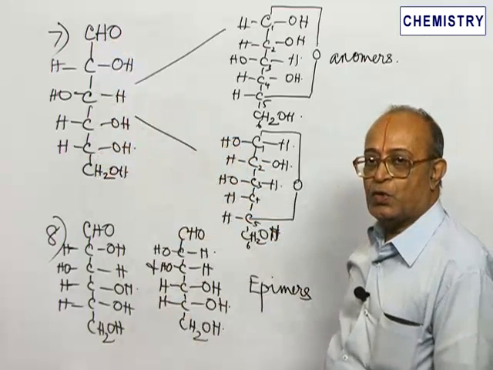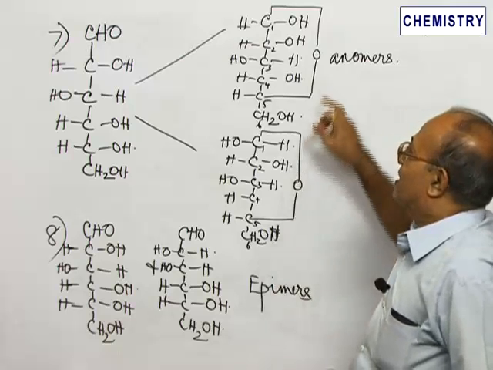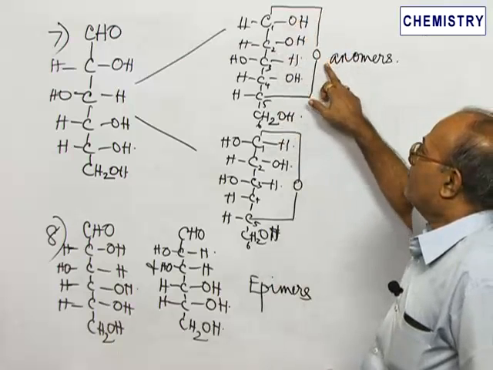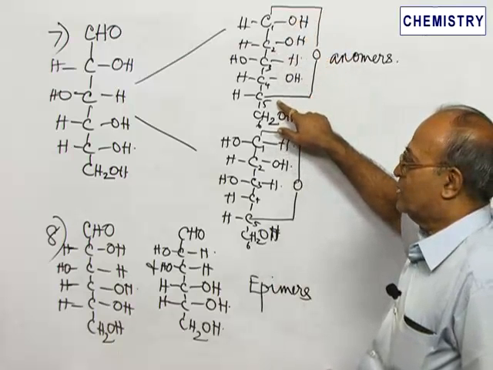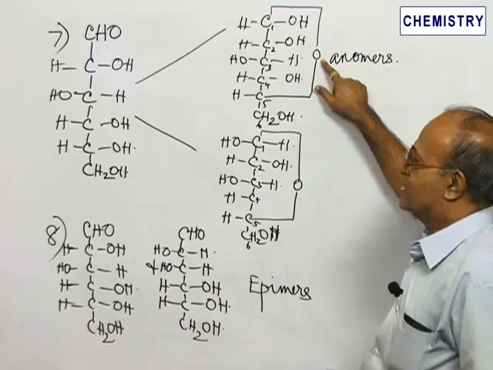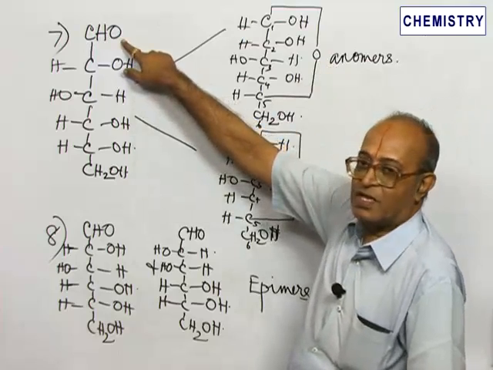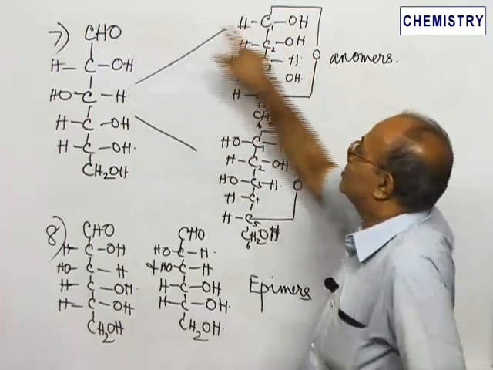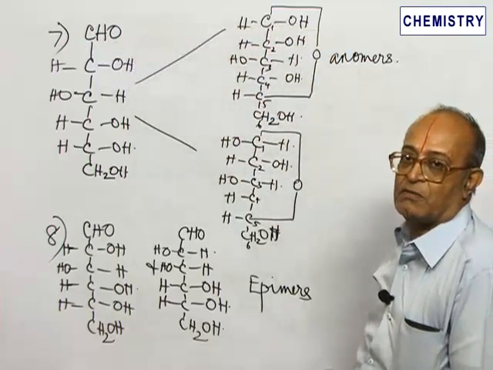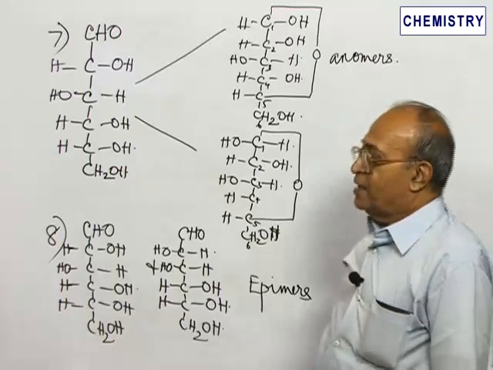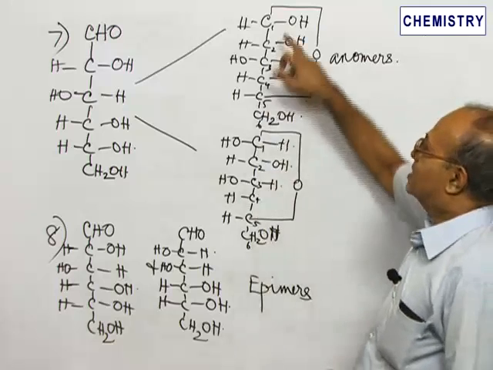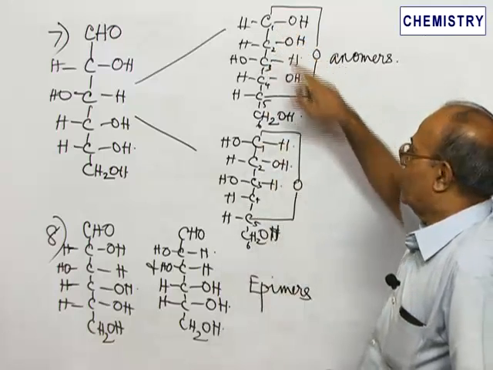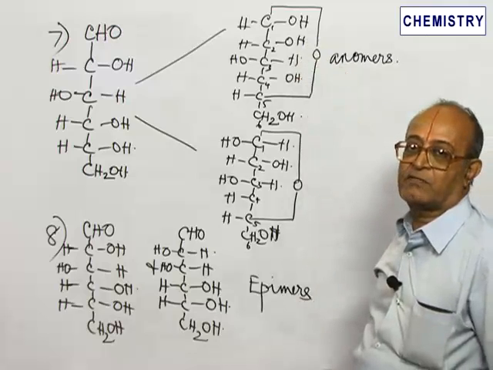Between these 2 carbons, a glycosidic linkage is formed. Now, from here OH, that O is considered here, that H is taken over to carbon number 1, so that it becomes CHOH. Now, since this hydrogen is attached here, there are 2 possibilities.